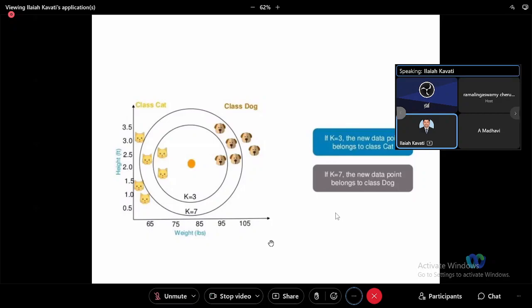With low K values, misclassification will generally occur. But high K values may sometimes lead to the accuracy going down. So choosing K is very, very important. By default, the K value is generally chosen as 5 for some data sets.